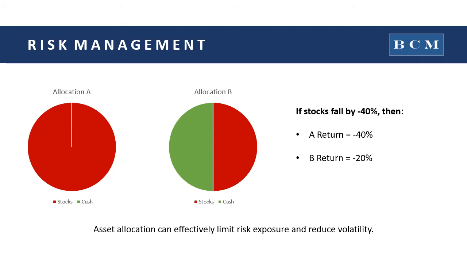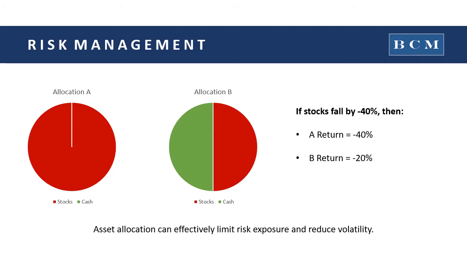Well, in that case, we would expect allocation A to also fall by 40% because it is 100% invested in the stock market. On the other hand, allocation B is only expected to fall by half of that amount, or 20%. And that's because only half is allocated to stocks, while the other half is allocated to cash, which doesn't move.